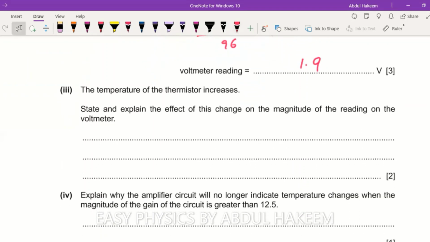The temperature of the thermistor increases. State and explain the effect on the change of the magnitude of the reading, I mean output. Look, with the increase of the temperature, the resistance of the thermistor increases with temperature.